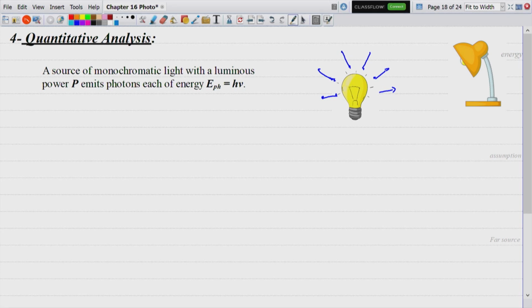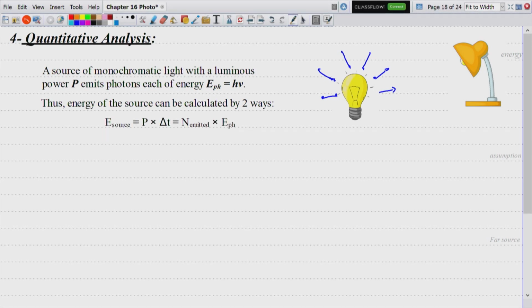Now, what's the energy of each photon? The luminous energy of this source can be calculated in two ways. First, I can use the luminous power: E equals P times delta T, because we know that power equals energy over time, so energy is power times time.